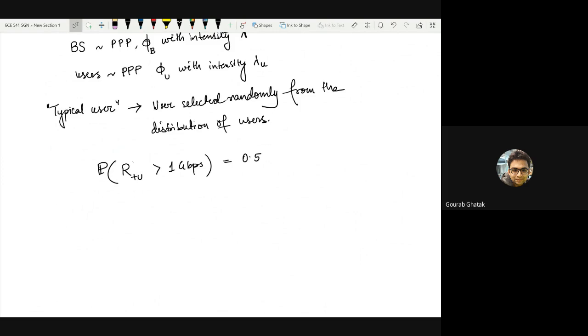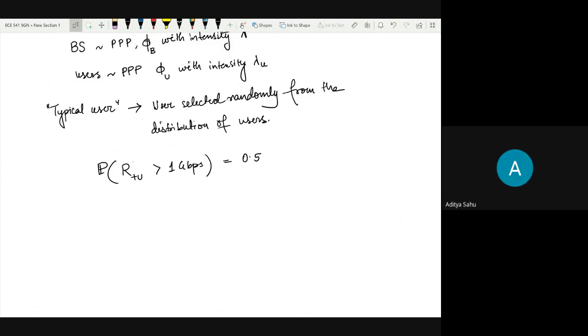It also means that if you are considering one single realization, 50% of the users in the network have a rate greater than 1 Gbps, ergodically. Is this clear? Because this is an important part to consider. If it's not clear, I can repeat.